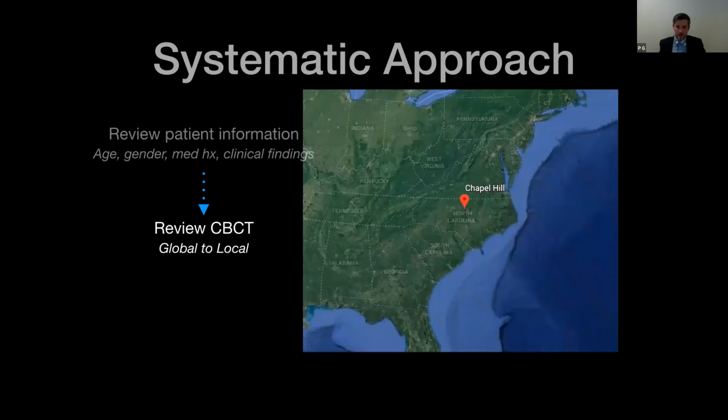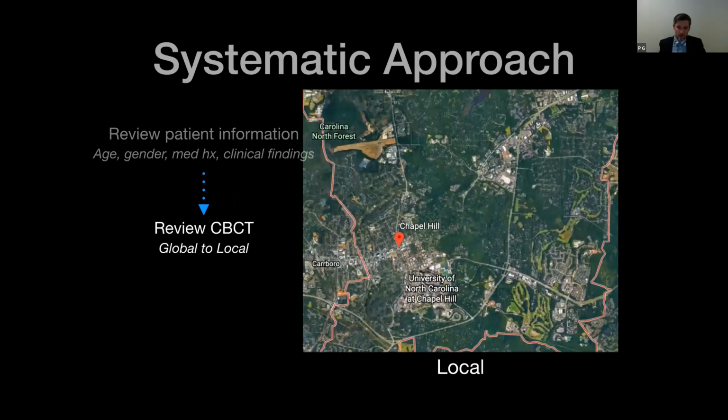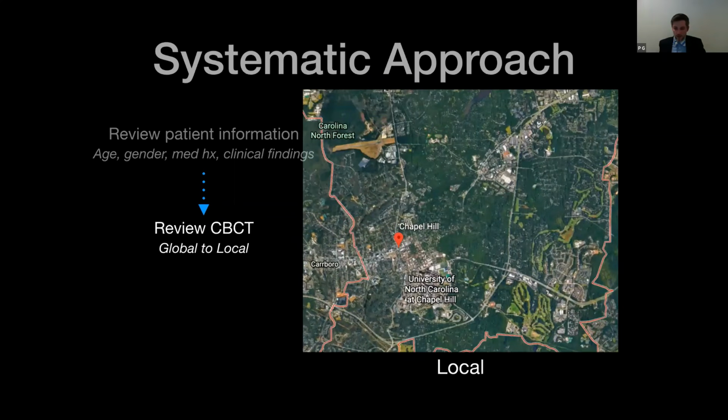So then I take a local view at the teeth and evaluate the periodontal ligament spaces and the lamina dura around the roots of the teeth. So I like to take a wide view, a global view, and then at the end focus locally on each tooth.